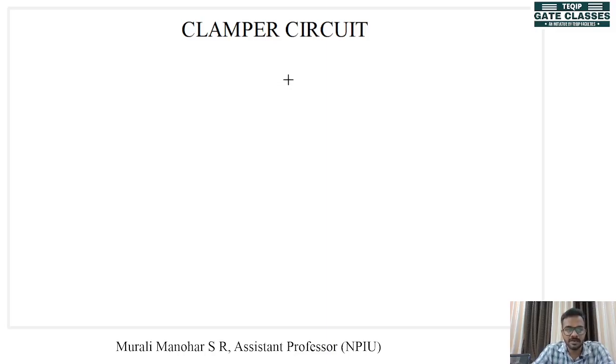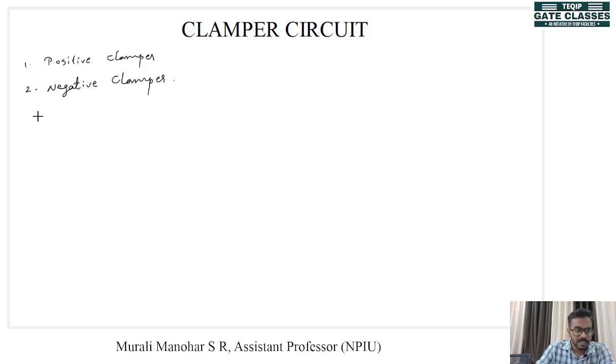Depending on the level of the voltage that is getting clamped, whether it is positive or negative, clamper circuits are divided into two, and they are positive clamper and negative clamper. Okay, first we will see how a positive clamper circuit works. So this is the circuit.